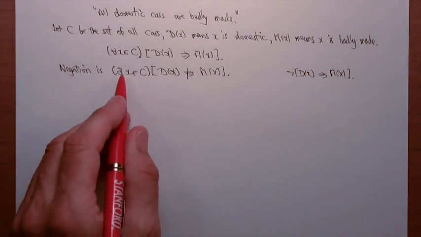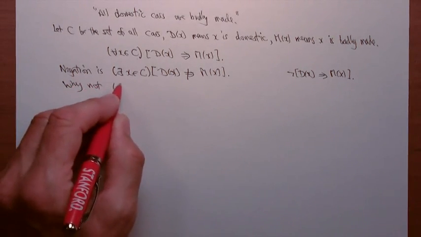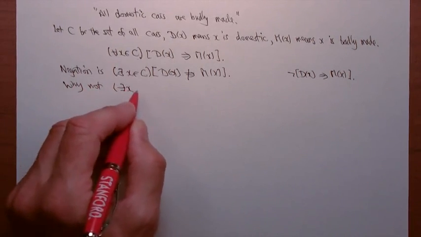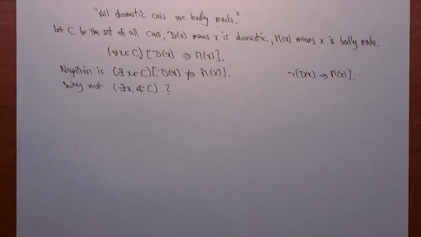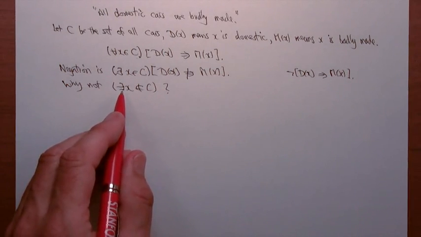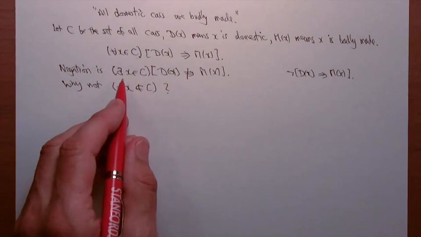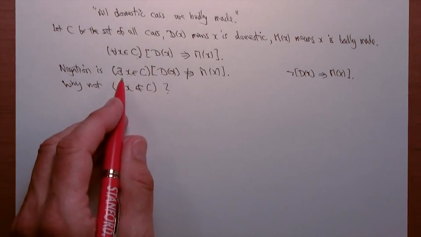One comment: why am I not saying exists x not in C? Beginning students often do this kind of thing. And the reason they do it is they are trying to go through a formula symbolically and negate things. And that's not the way to go about these things. You've got to think about what the symbols mean.